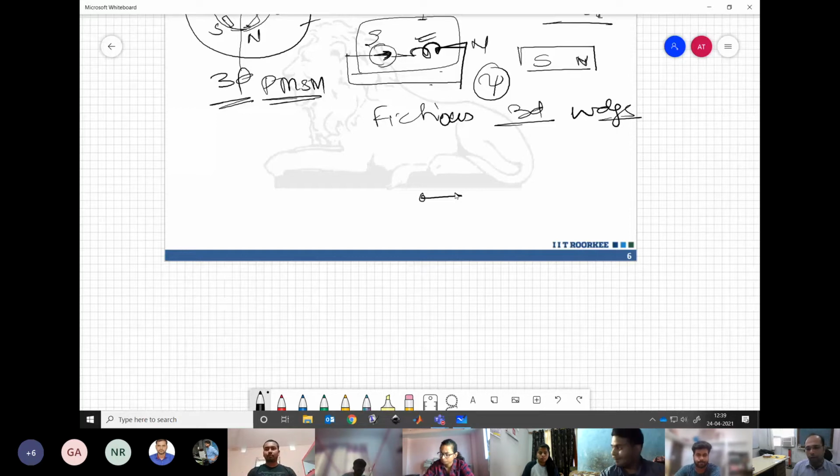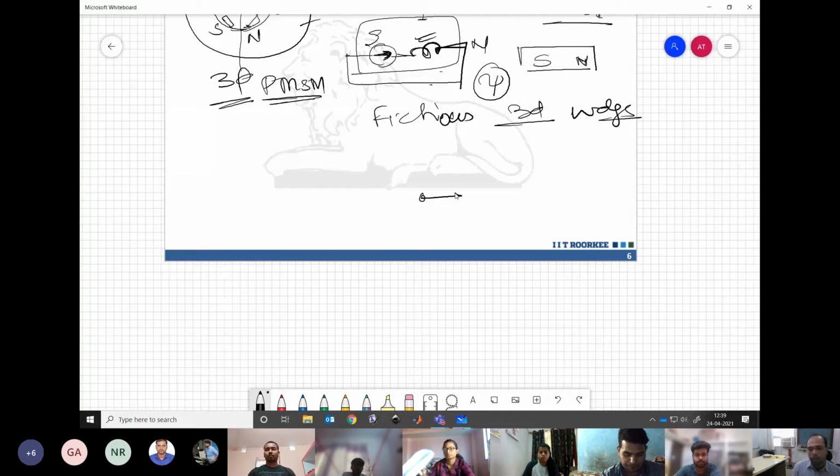Now we have to have a current source in this. So how should that current source be? The current value should be constant, whatever we take. And this is balanced, which means IR plus IY plus IB must add up to 0. So a simple way is to put three current sources like this.